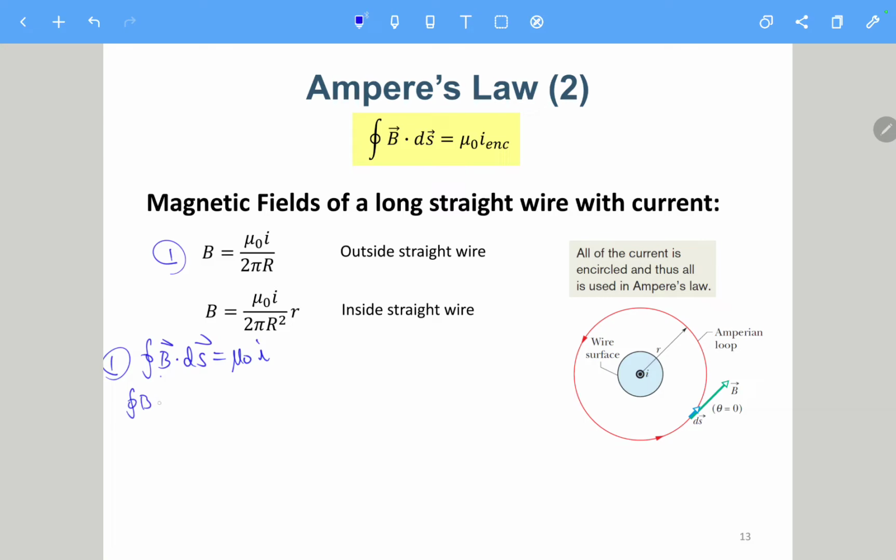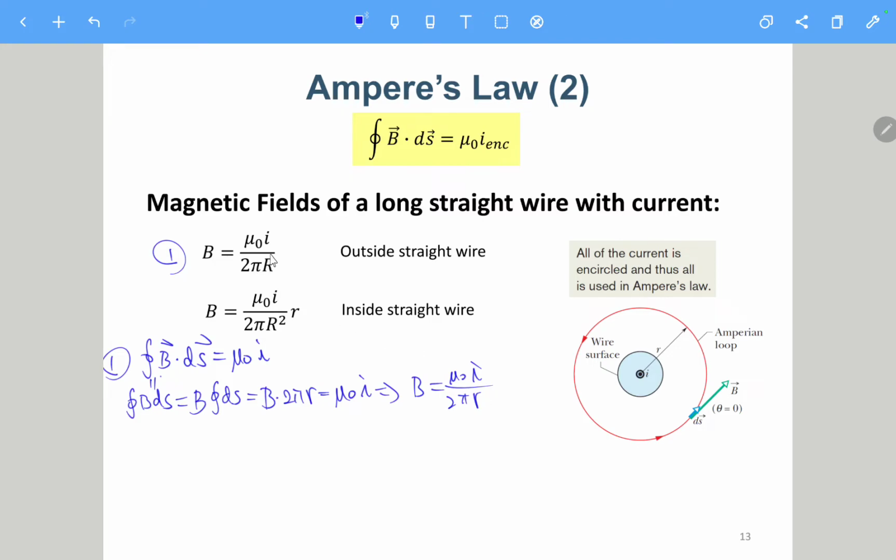Since B is uniform, we can take it out, so it is B times the integral of ds. The integral of ds is the circumference of the circle, which is 2 pi r. So B times 2 pi r equals mu 0 I, and it turns out B equals mu 0 I over 2 pi r.